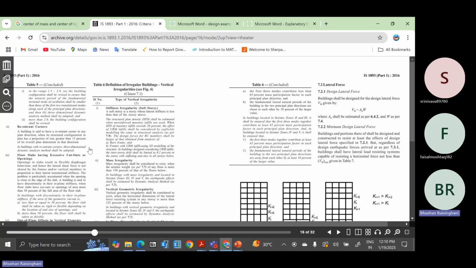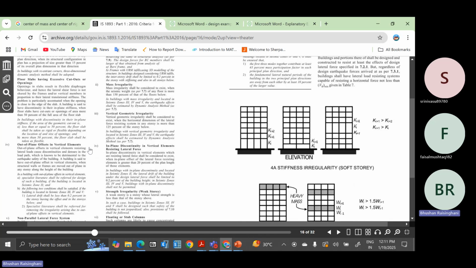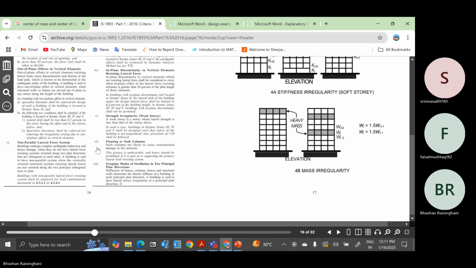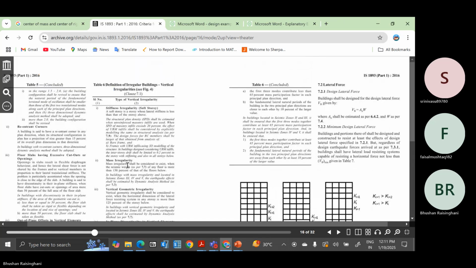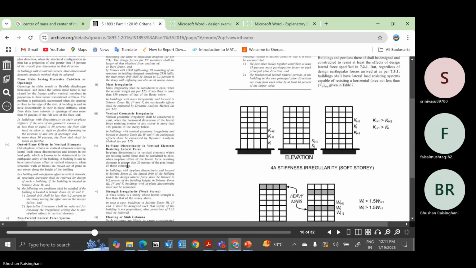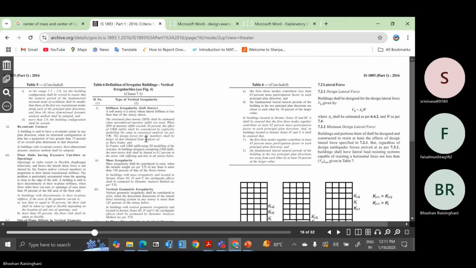And the next part is, yeah, I think this is critical to CM and CR.